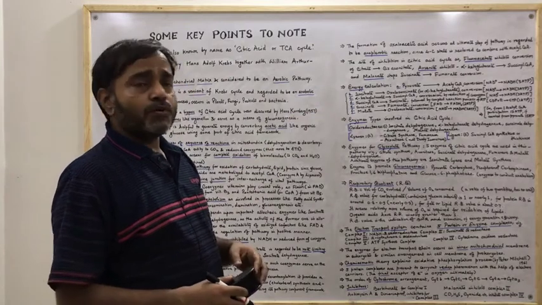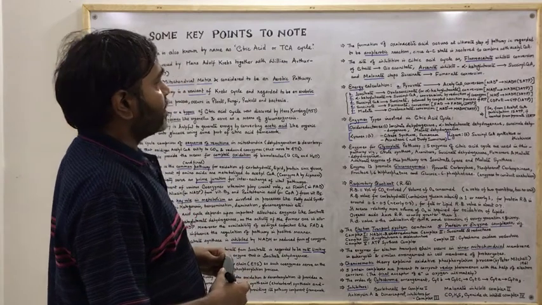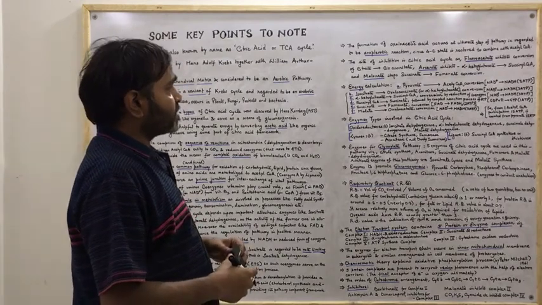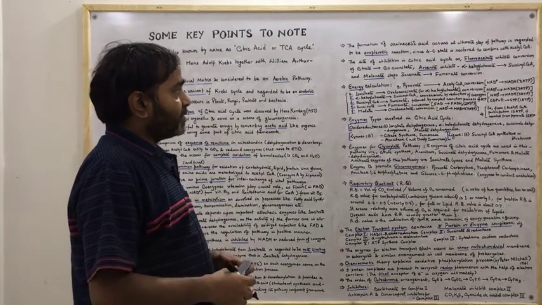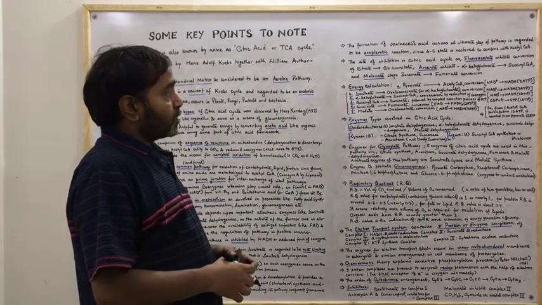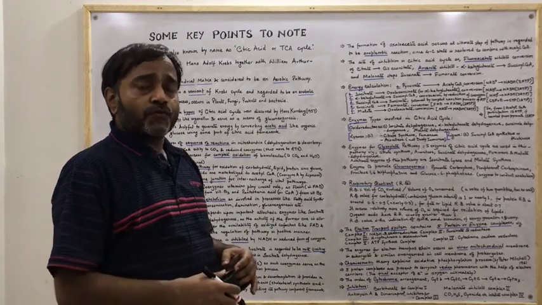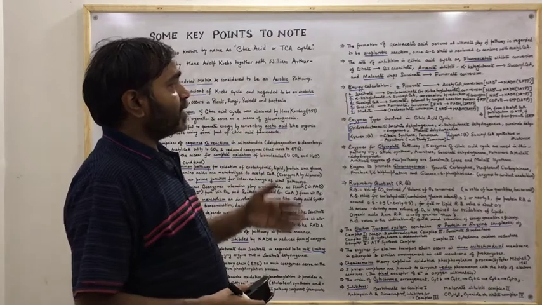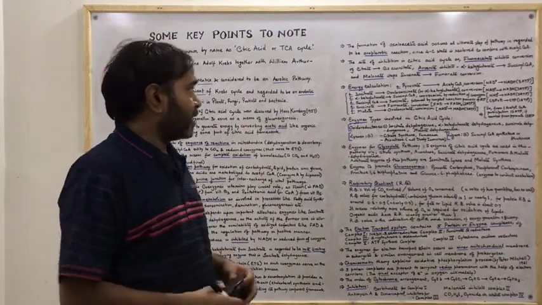That is equivalent to 3 ATP. Likewise, in the next step, isocitrate gets converted into oxalosuccinate, or finally alpha ketoglutarate, and that conversion also results in the formation of NADH from NAD plus, thereby 3 ATP gets generated.